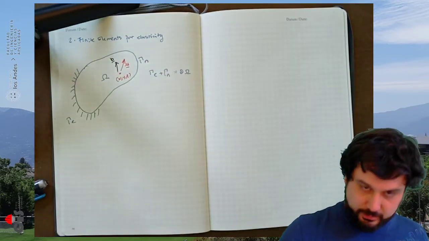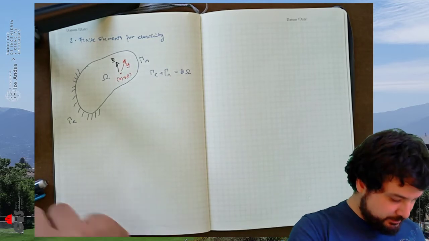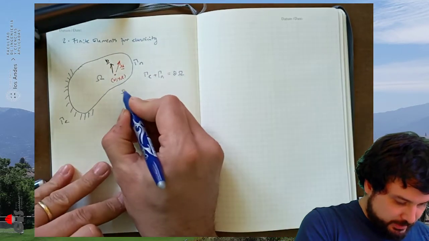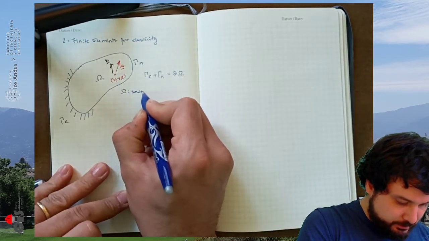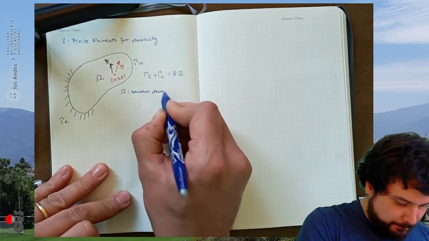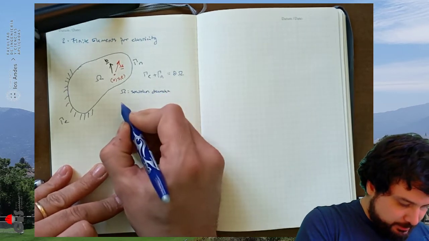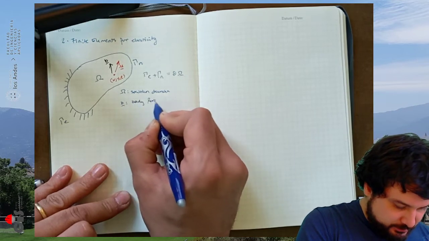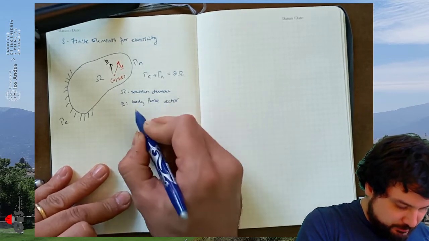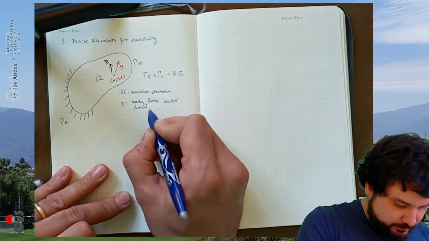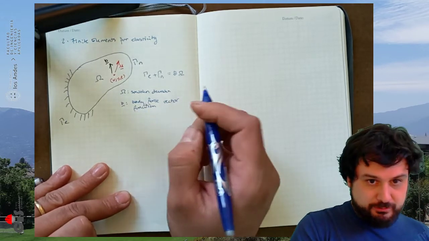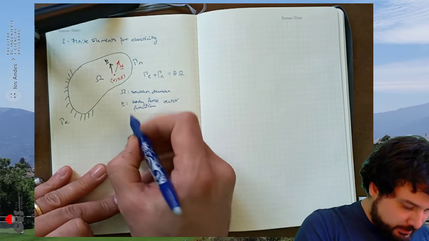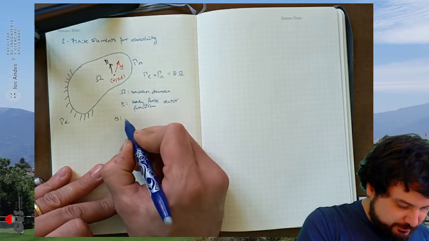So we can already have some definitions. Omega is the solution domain. B is the body force vector function. So it's a function of space. And u is the displacement field.